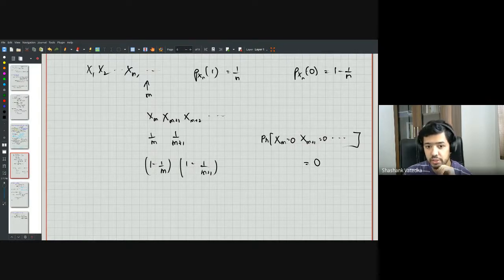So the notion of almost sure convergence is different, and in fact is stronger than convergence in probability. Is that clear?